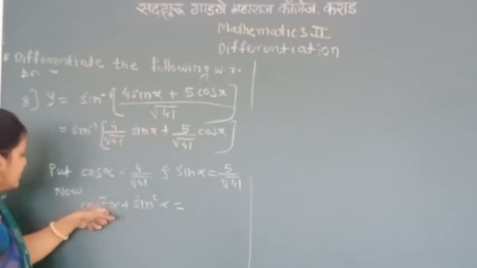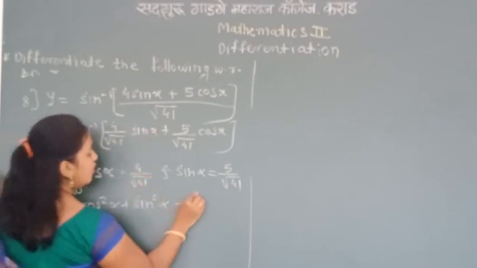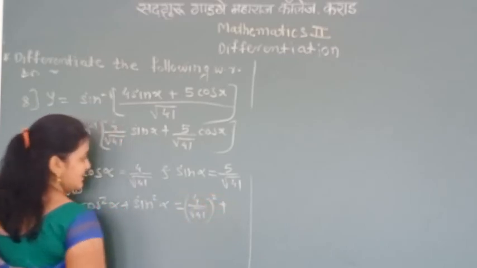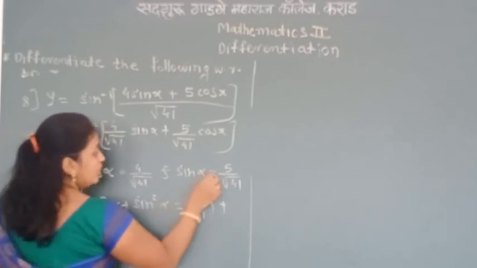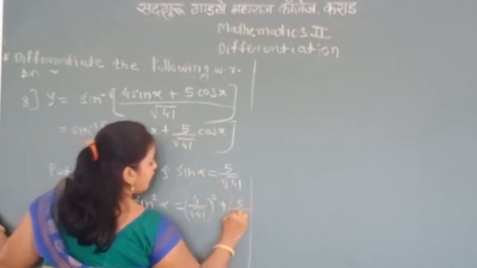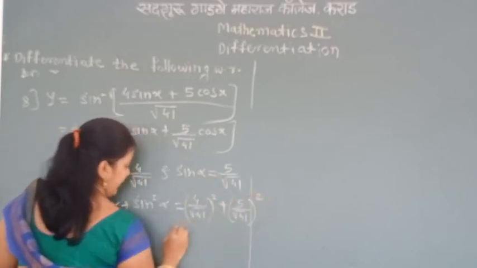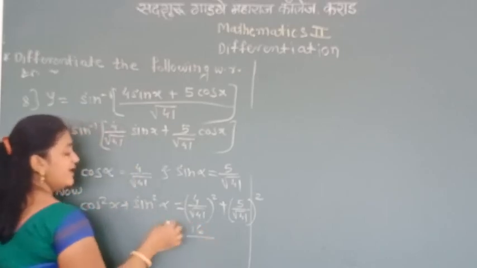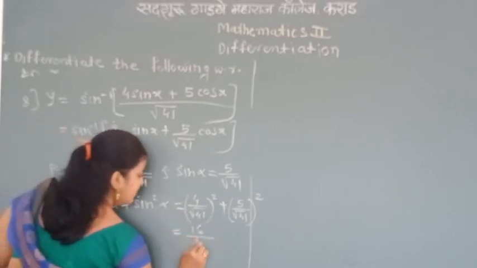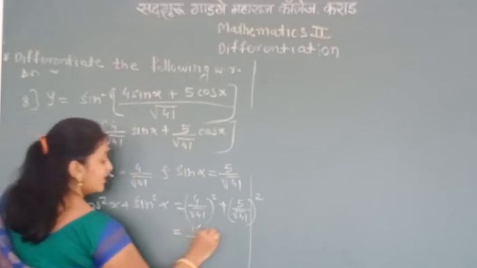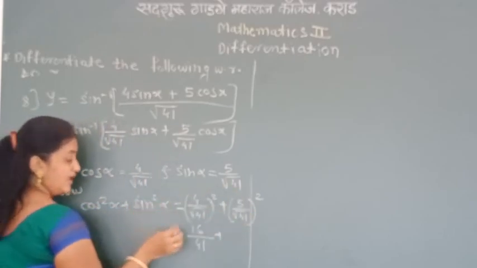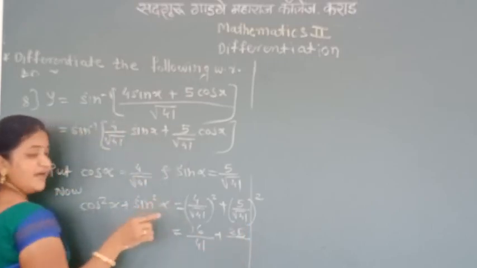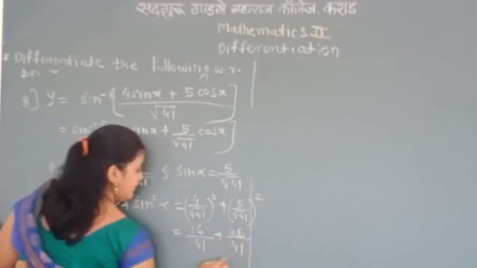So check what is cos square alpha: 4 upon square root of 41 whole square, plus sin square alpha, which is 5 upon square root of 41 whole square. So 4 square is 16, square root of 41 squared is only 41, plus 5 square is 25, over 41.